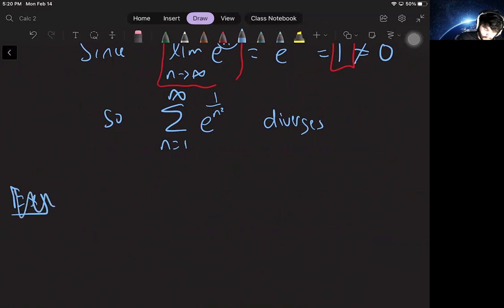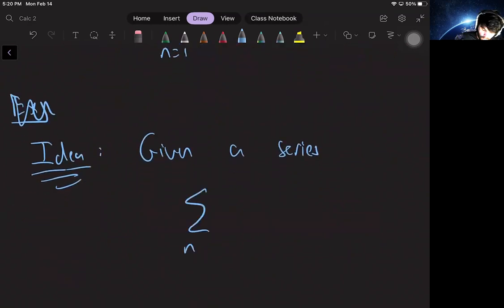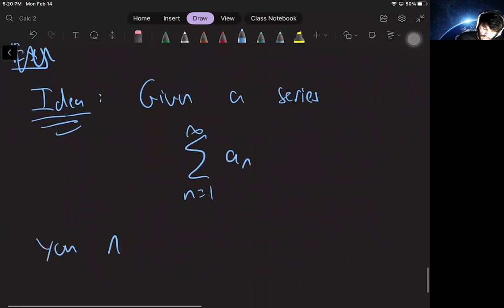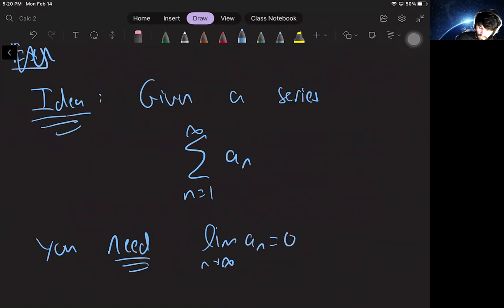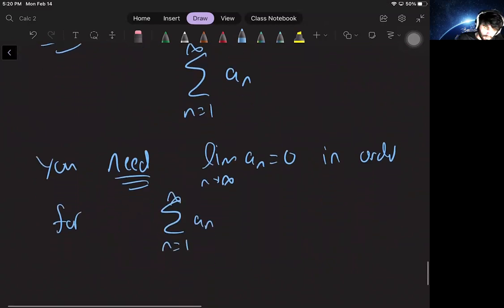Okay, so I just want to keep re-emphasizing this point because it's such a common mistake. So given a series, let's keep it a bit general right now. The idea is that you absolutely need the limit of the terms to shrink to 0 in order for the series to even have a chance of converging.